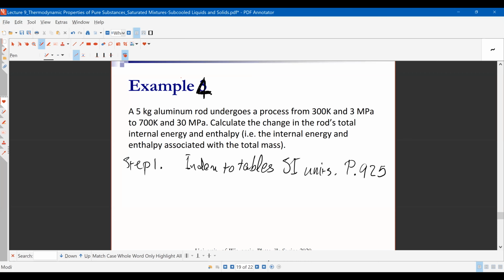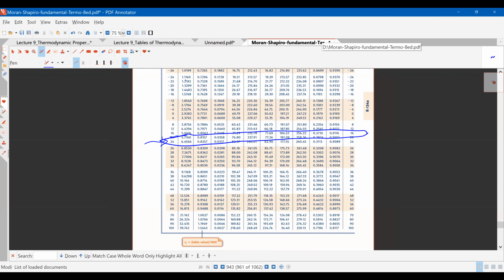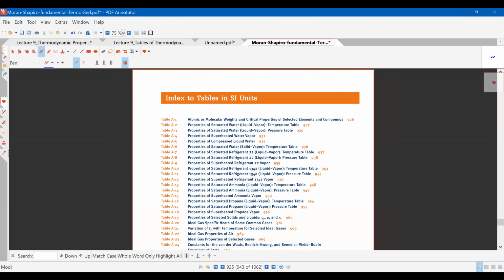Here we go. I think we have it here. All right, let me go to page 925. In this table, if you look at table A19, here it is.